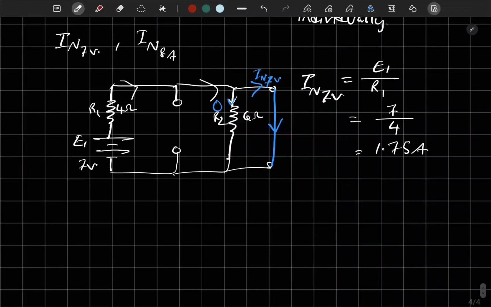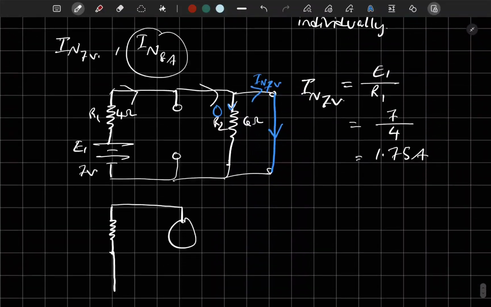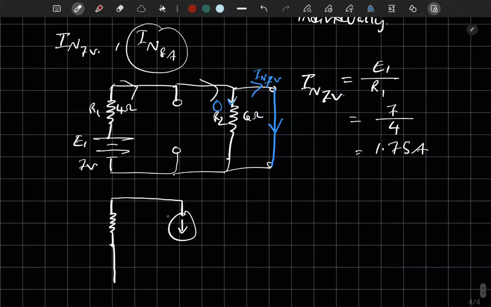Okay, so that's our one. Now we need another one for 8 ampere, the other source. Now we will replace the voltage source with a short circuit. Then we will bring in the current source pointing downwards, 8 ampere. This is R1 4 ohms.